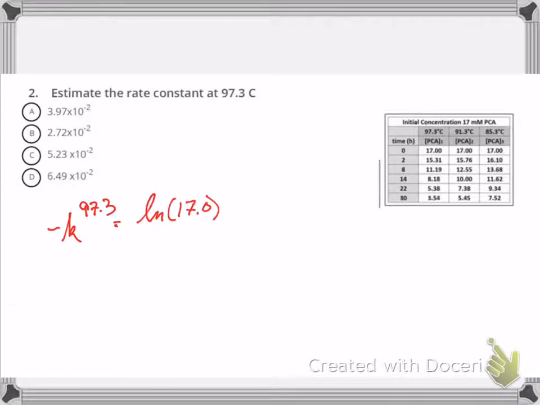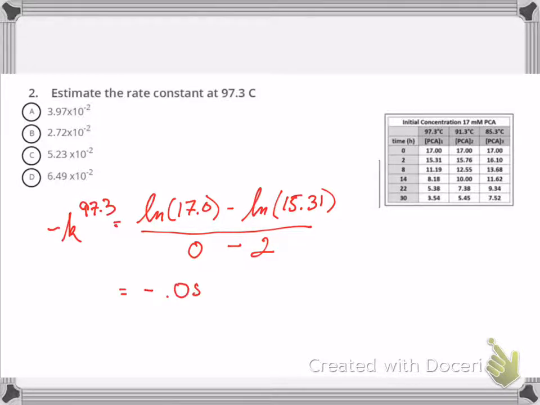That means that minus K is going to be equal to the difference in the ln of two concentrations divided by the time interval. It doesn't matter what time interval we pick. We just happen to pick the first one. If you do that, minus 0.523 as we did in the other problem. And it's going to be units of inverse hours, and we see that that answer is C.